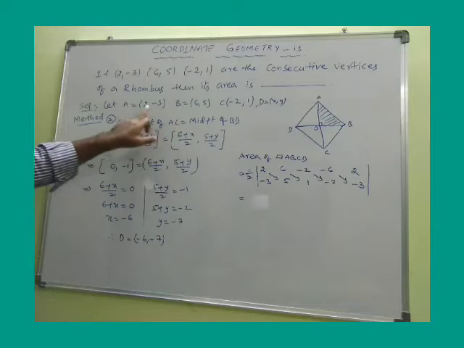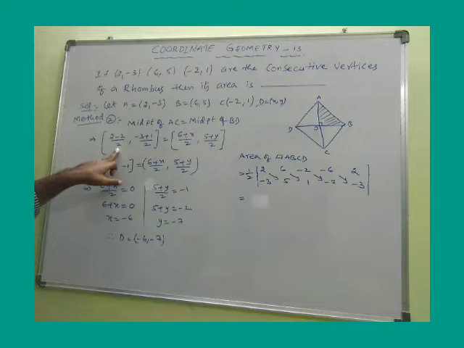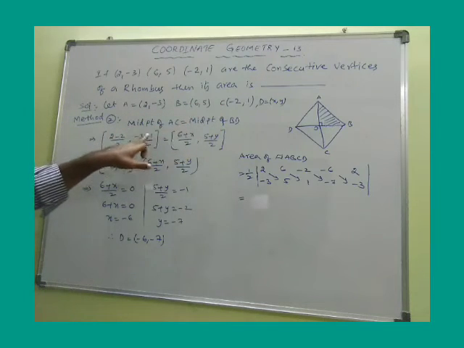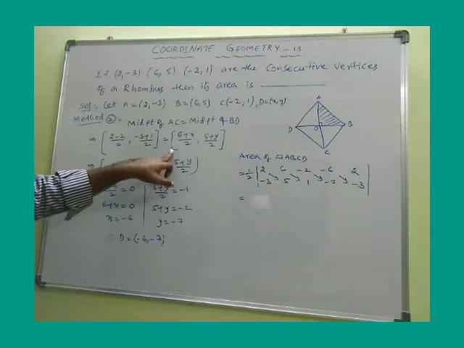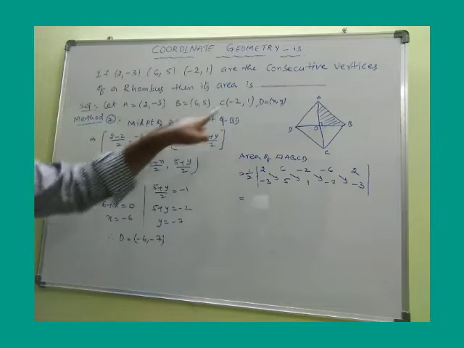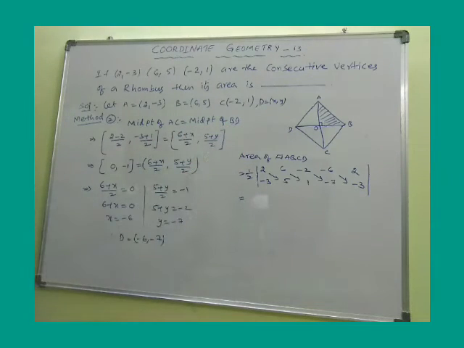Apply the midpoint formula for A and C: (x1 plus x2 by 2, y1 minus 3 plus 1 by 2), which is equal to the midpoint of BD, (6 plus x by 2, 5 plus y by 2).